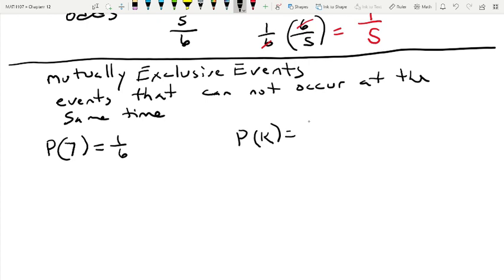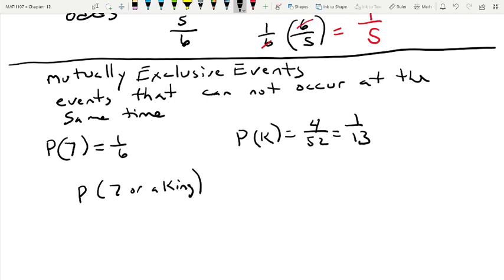Well, there are 4 kings out of 52 cards, so this is 1 out of 13. So then I want to know what is the probability of getting a 7 or a king.